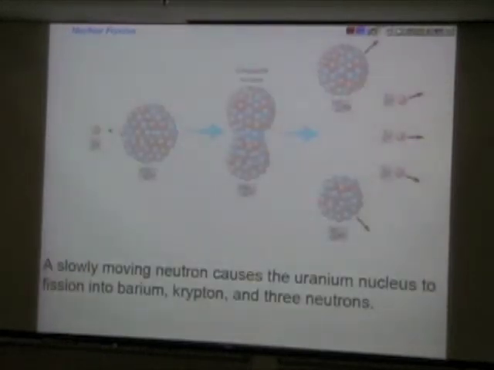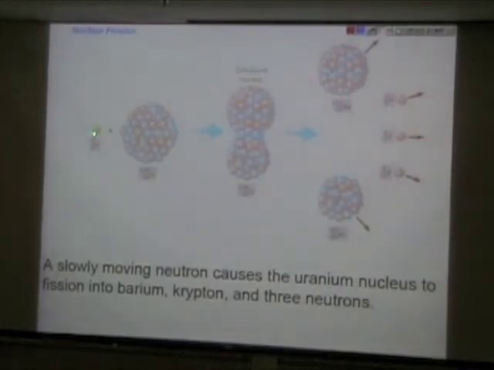Another important reaction, nuclear fission, looks like this. Again, it's an induced reaction. But now we use a neutron which makes the uranium-235 nucleus decay faster than it would decay originally. So what's happening? After the decay, we get more neutrons than before.